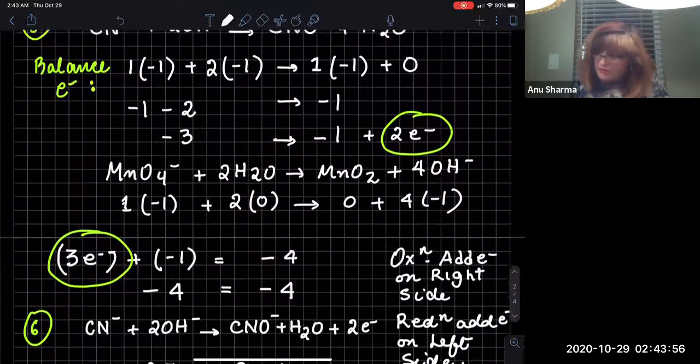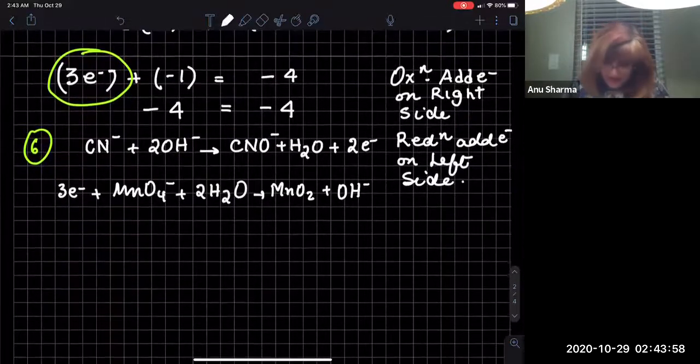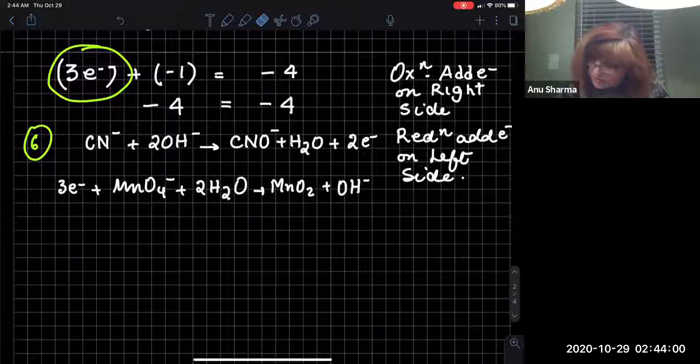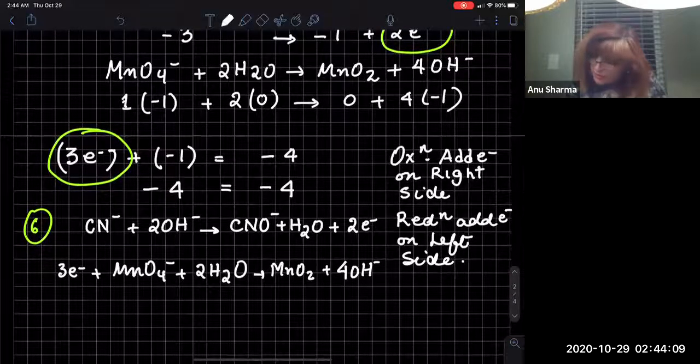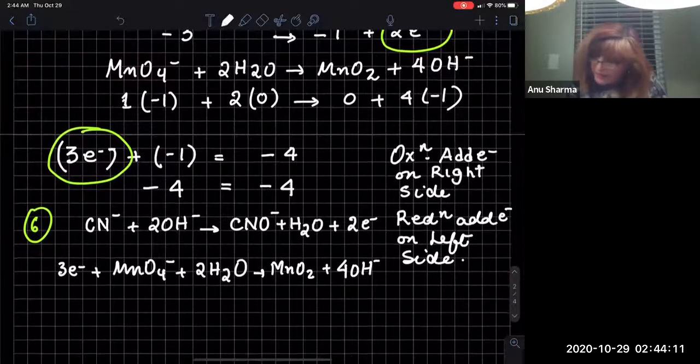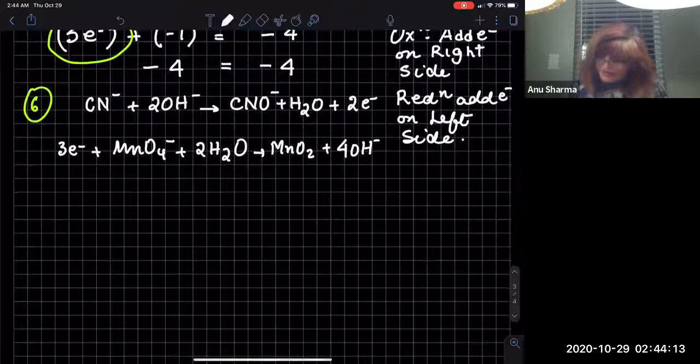We just copy it from the top. And that is actually 4 OH, I forgot to do that. So here are the 4 OH 1 negative: 4 OH, MnO2, 2H2O, and MnO4, and then come these 3 electrons that were added.